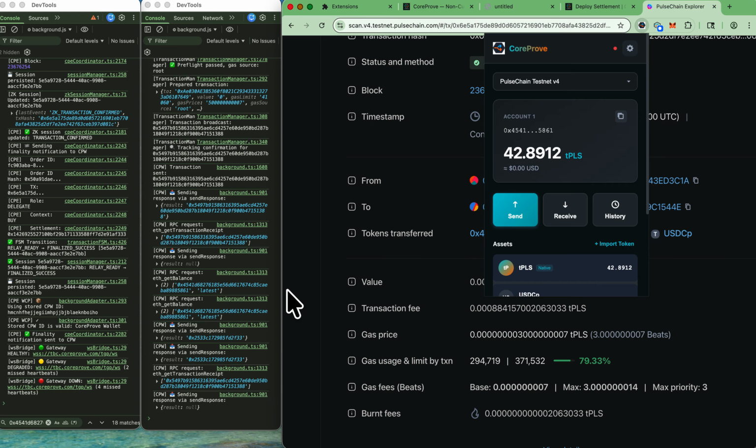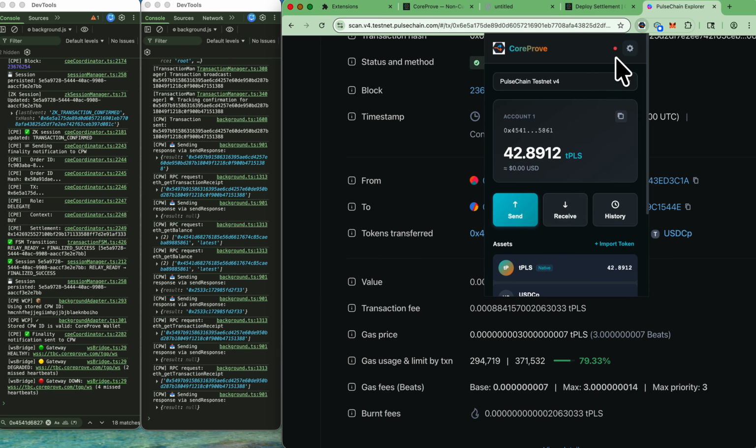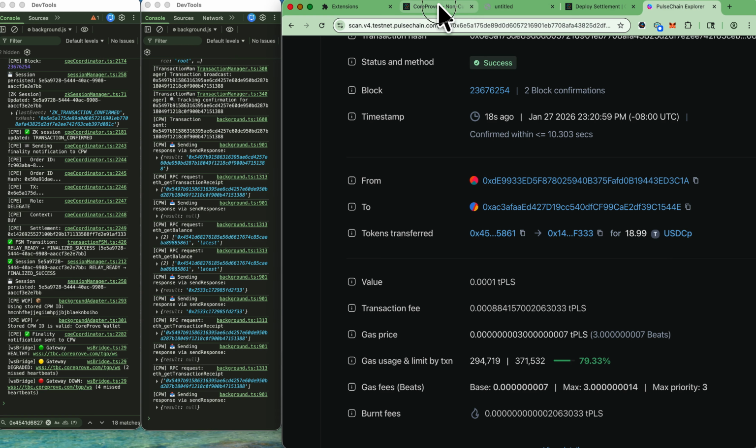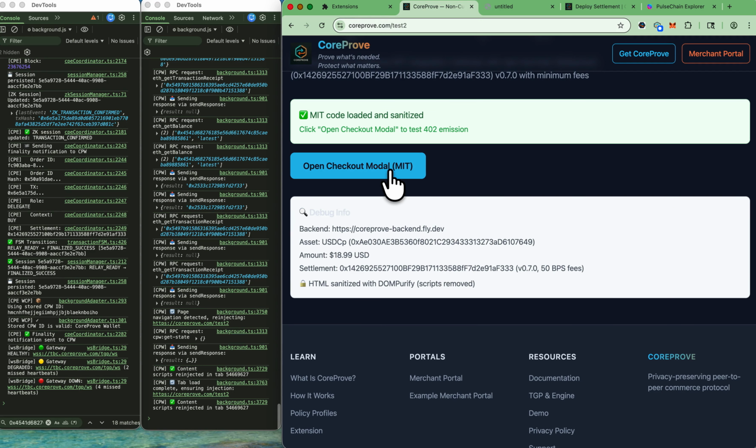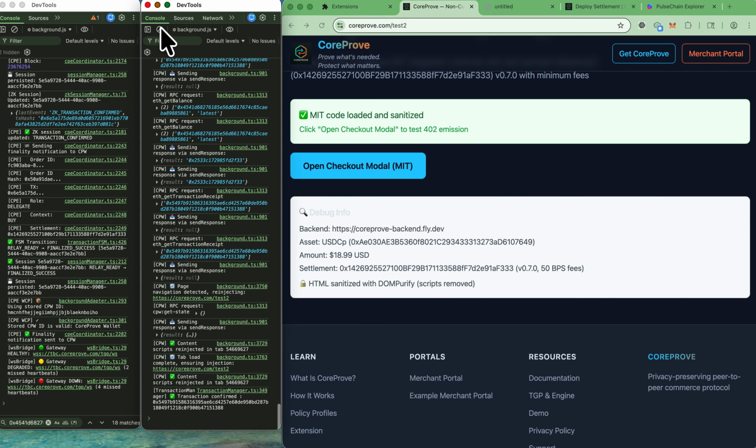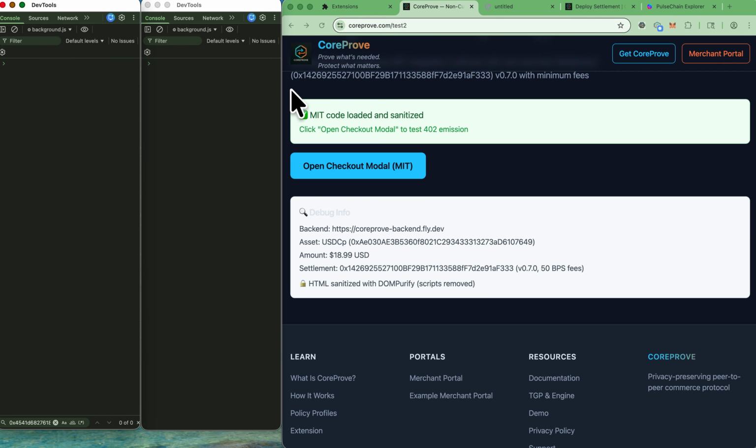Okay, once that's sent, and it's now sent, I'm going to go back and restart this transaction flow, send this again. Let's clear this out just so it doesn't get too long.